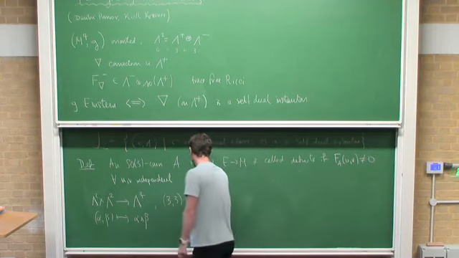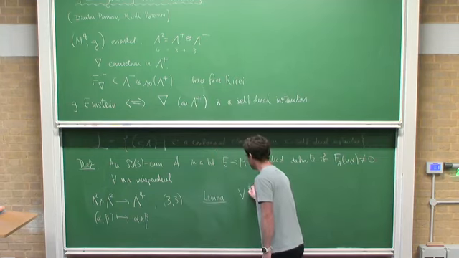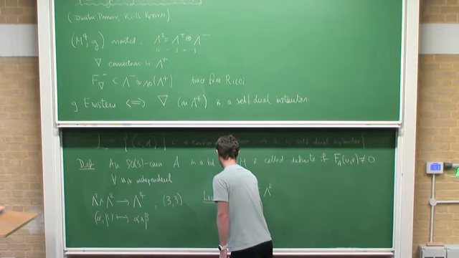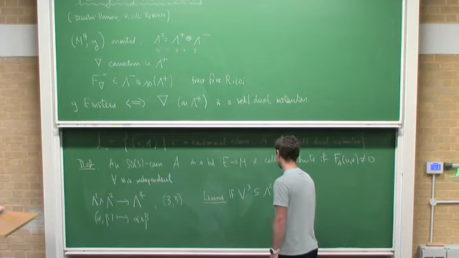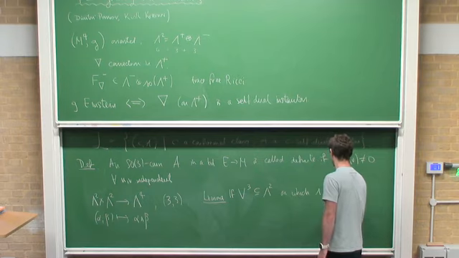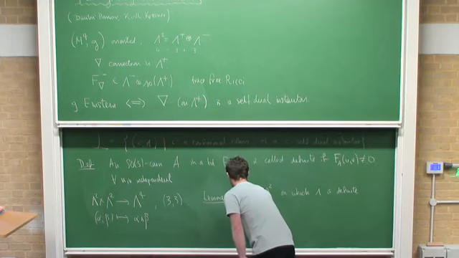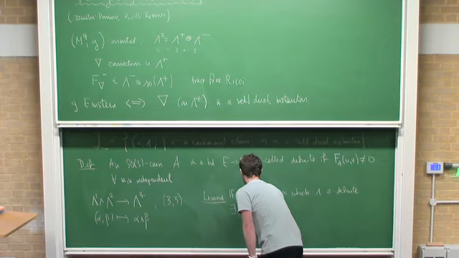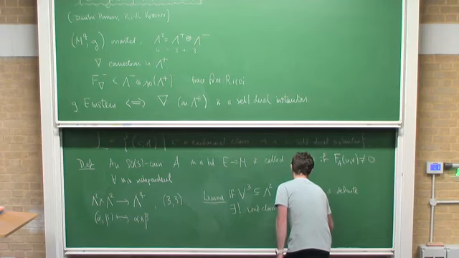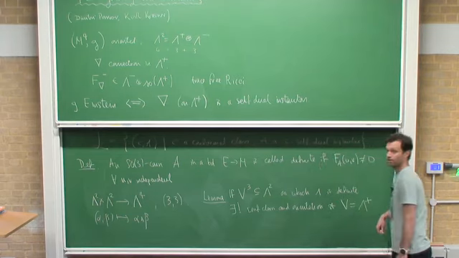Okay? So there's a kind of converse to this statement. If V is a 3-dimensional subspace inside Λ², on which the wedge product is definite, then there exists a unique conformal class and orientation such that V equals Λ⁺.